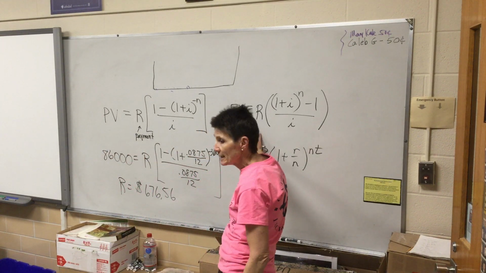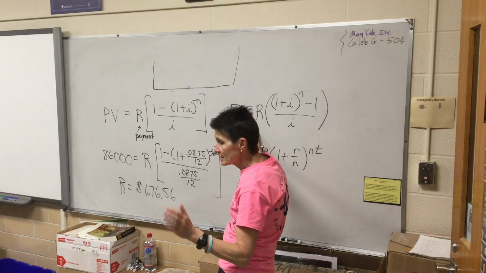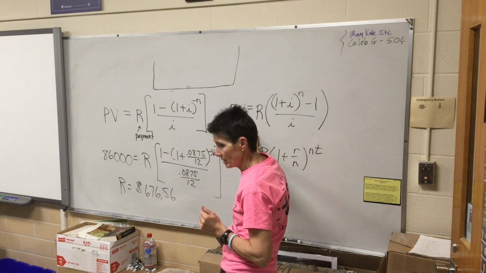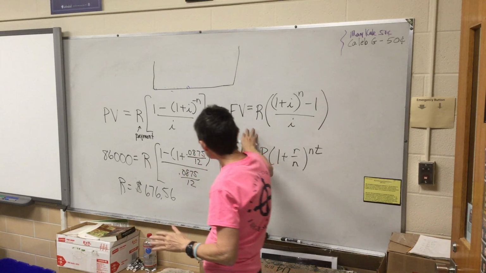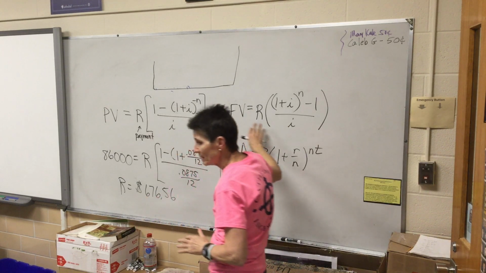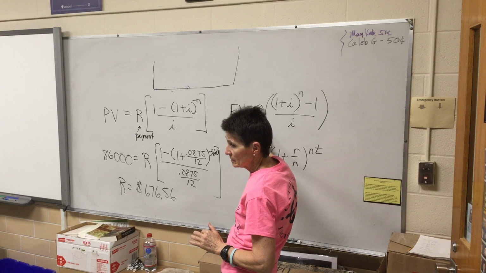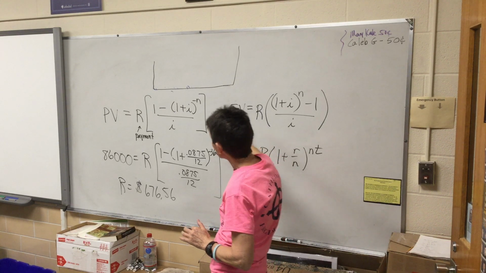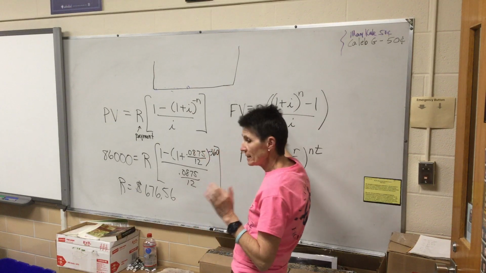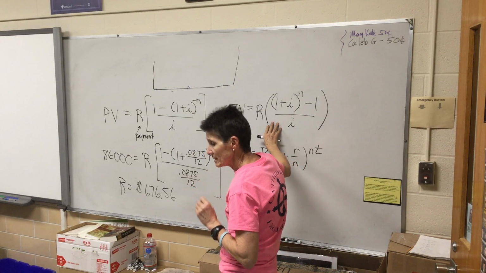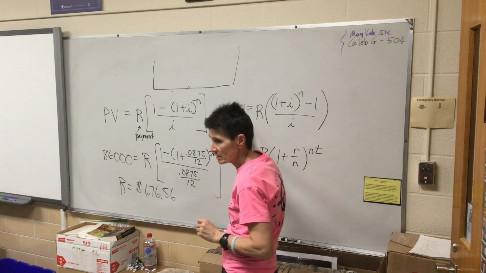You are putting in, every week you're setting aside $10 for your college education. These are repeated payments. You use these formulas when you're making repeated payments. If you are not making repeated payments, you do not use these formulas.